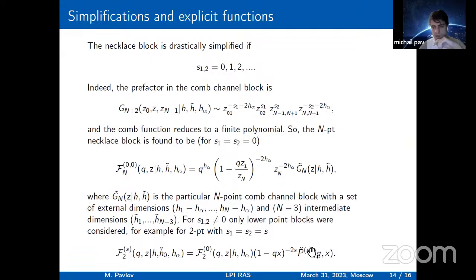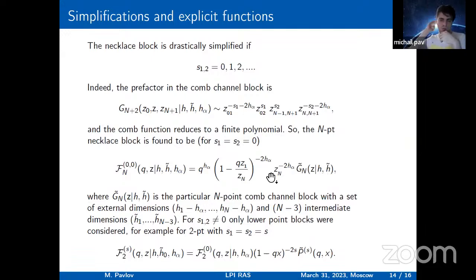So x here, for the 2-point block, is just a ratio of insertion points. And we described some features of these polynomials, but unfortunately it wasn't really successful. So these formulas are our main result.